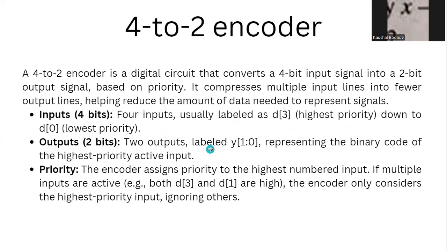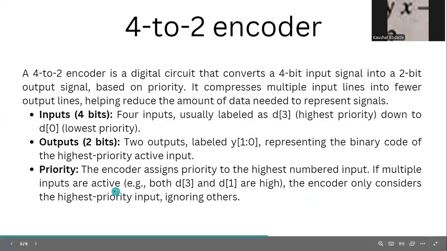There are two outputs, labeled y1 and y0, representing the binary code of the highest priority input. In a priority encoder, priority is assigned to the highest numbered input, so D3 has the highest priority, and D0, having the lowest number, has the lowest priority.